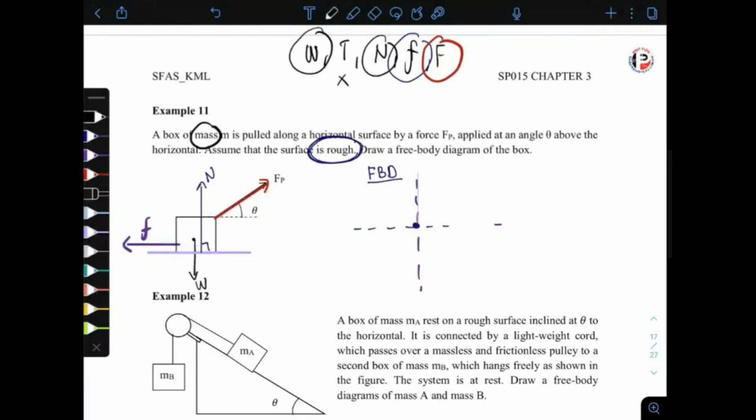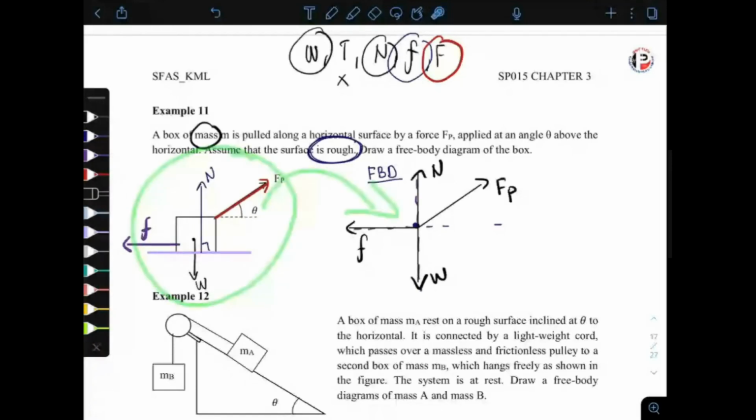Ini N. Weight kamu ke bawah. W. And then kamu ada frictional force ke kiri. F. And then kamu ada external force at a certain degree above the horizontal. Ini adalah external force kamu. That's it. Ini adalah free body diagram. You're going to transfer this into a skeleton case here. Alright.